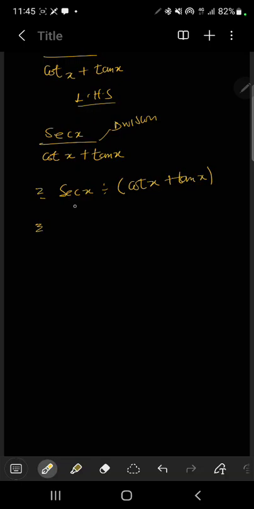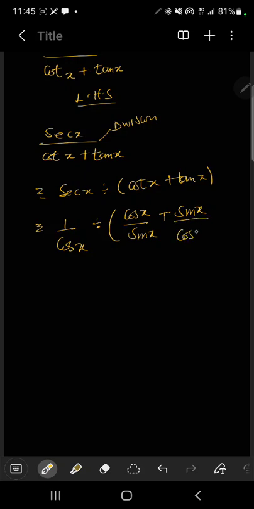We know that sec is just 1 over cos x, a reciprocal, divided by, cot is the same as cos x over sin x, plus tan is the same as sin x over cos x.